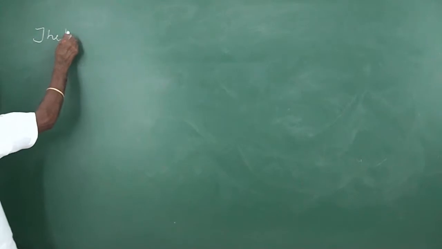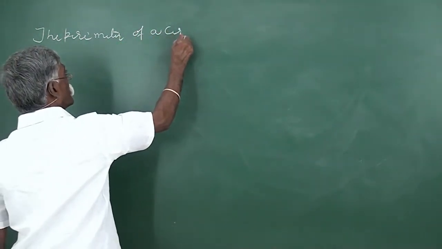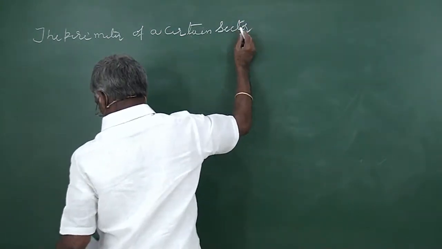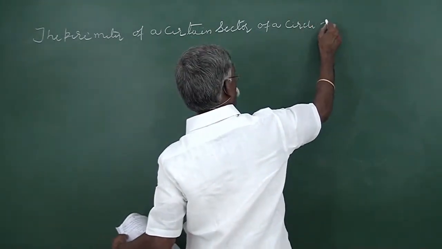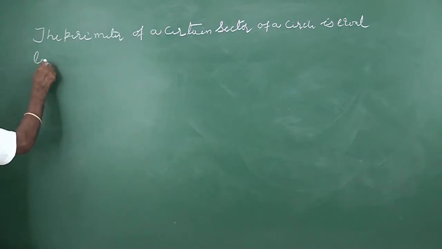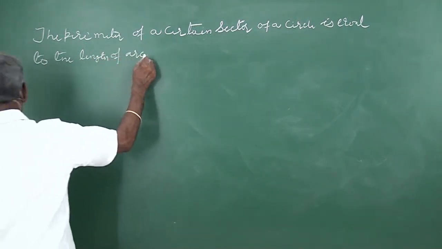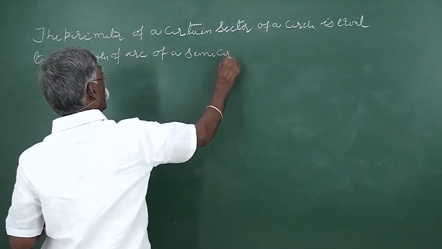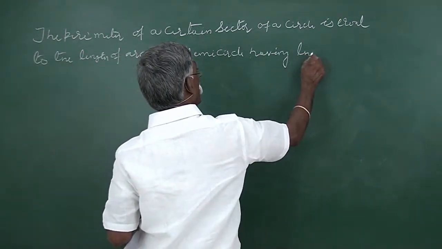The perimeter of a certain sector of a circle is equal to the length of the arc of a semicircle having the same radius.